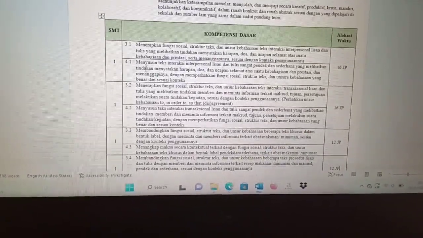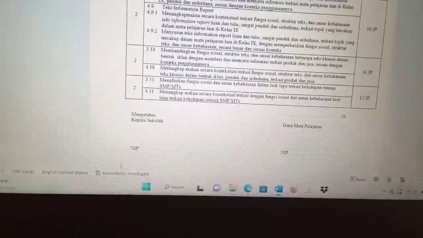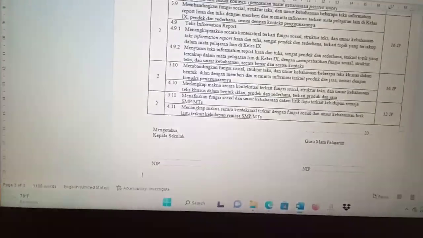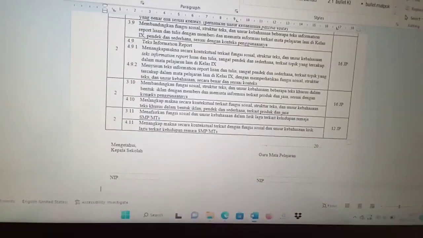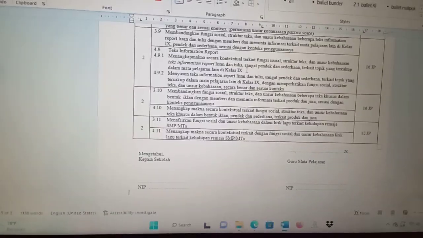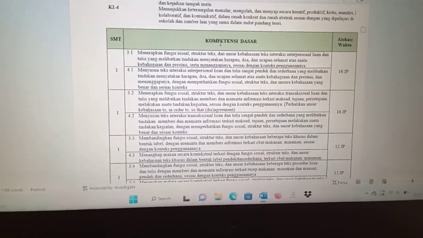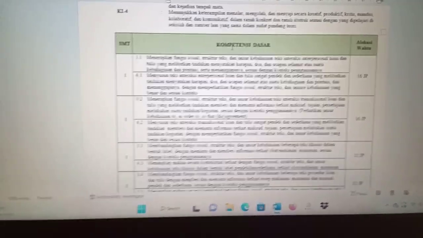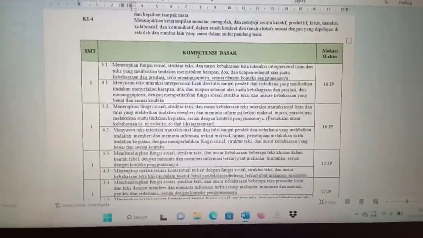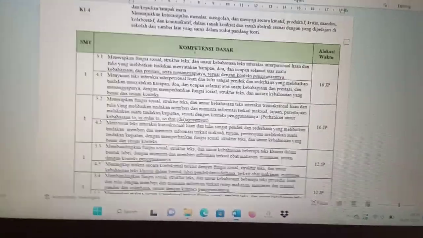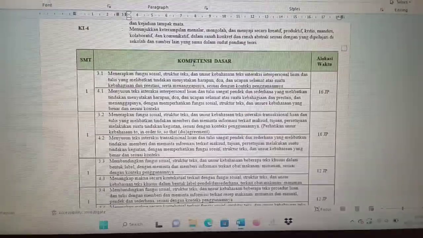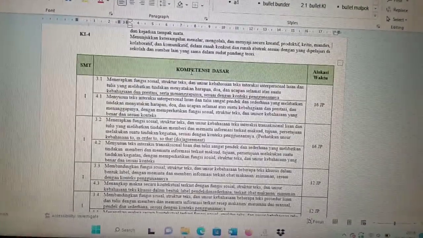We make our program like this, our annual program. These are the things that we are going to prepare, the materials that we need to prepare for our teaching in the class.